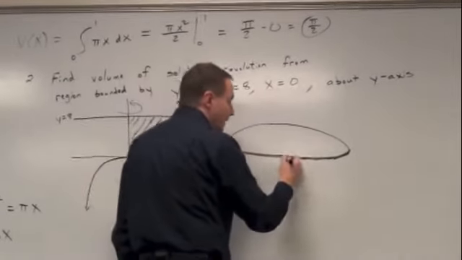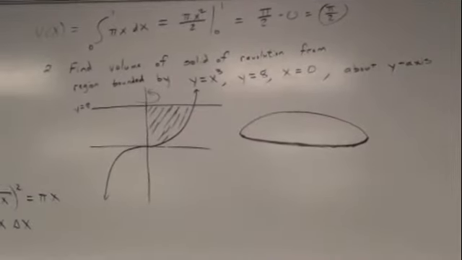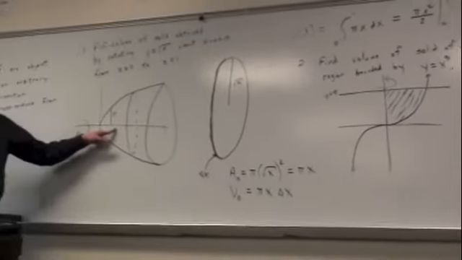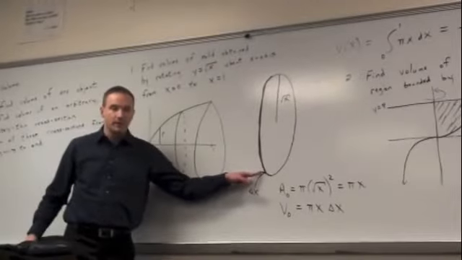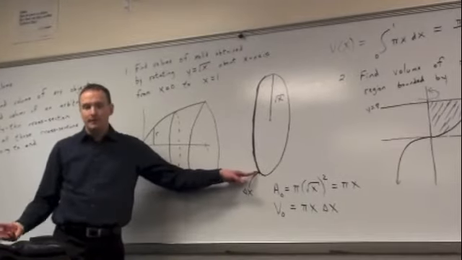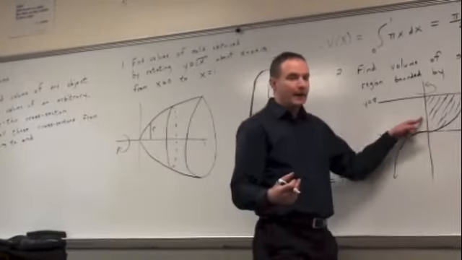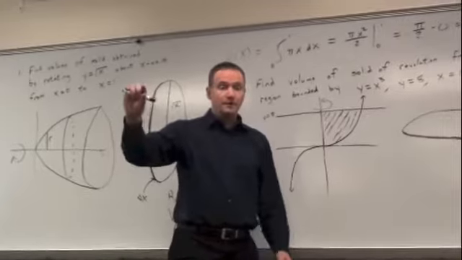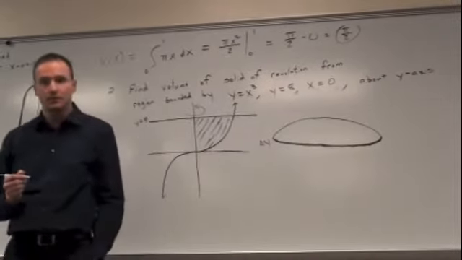Now, something you might want to make mental note of here. If you're revolving around the x-axis or any horizontal axis of revolution, notice the thickness is going to be delta x. Makes sense. X-axis, delta x. If you're revolving about the y-axis, the thickness of all of your cross-sections is going to be a change in y. Okay?